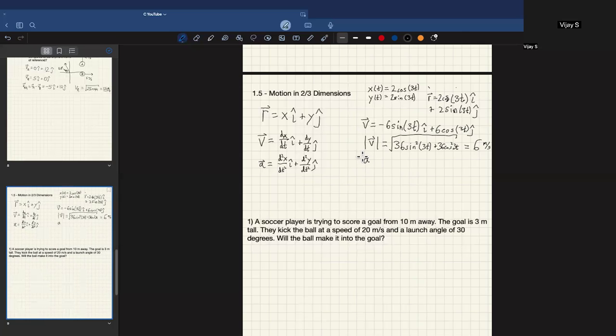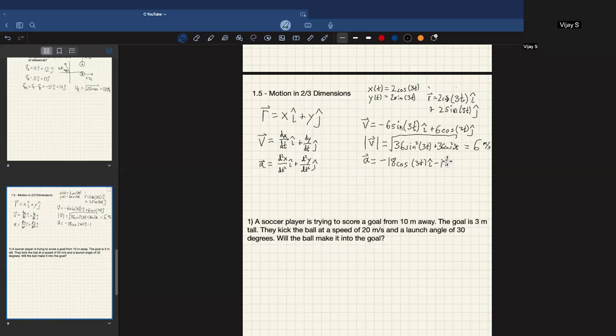If you do the acceleration, you have to take another derivative, this time the derivative of velocity. So you end up with negative 18 cosine of 3t i hat minus 18 sine of 3t j hat.